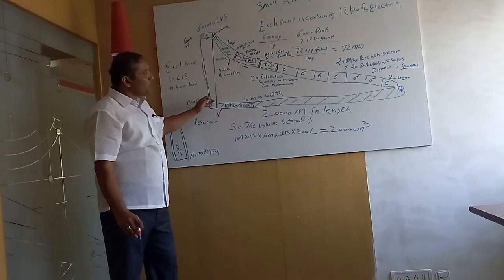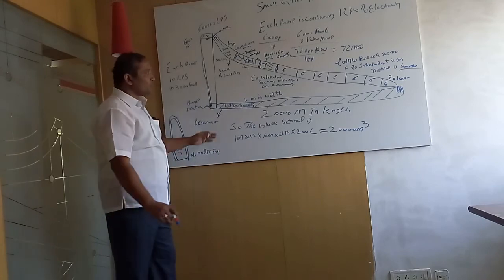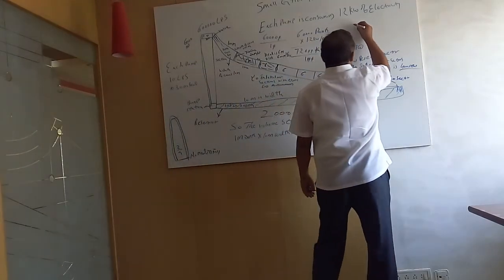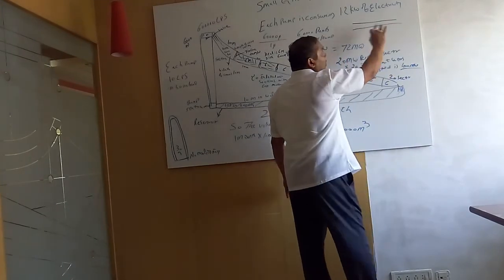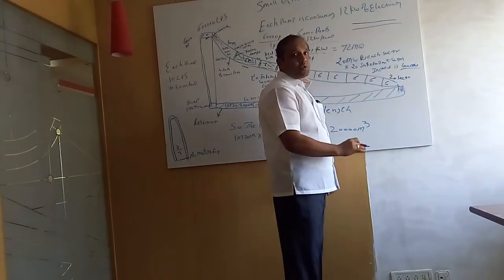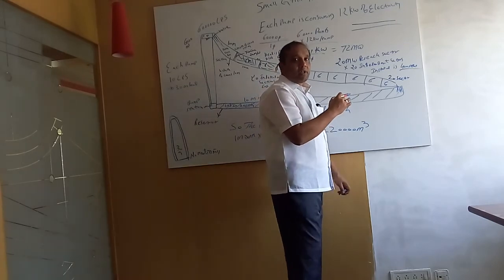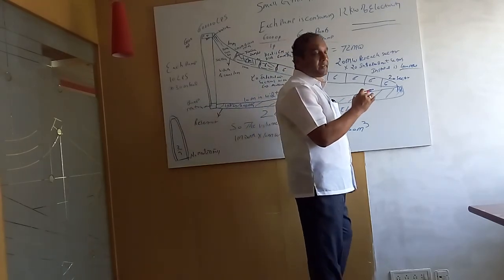So when we are using this particular thing, suppose you are having an existing canal where the water is flowing constantly throughout the year. On certain canals you find constant movement of water, fully flowing all 365 days.